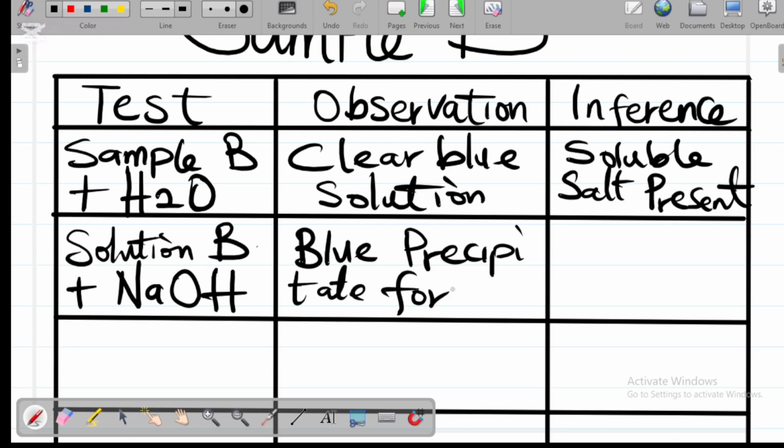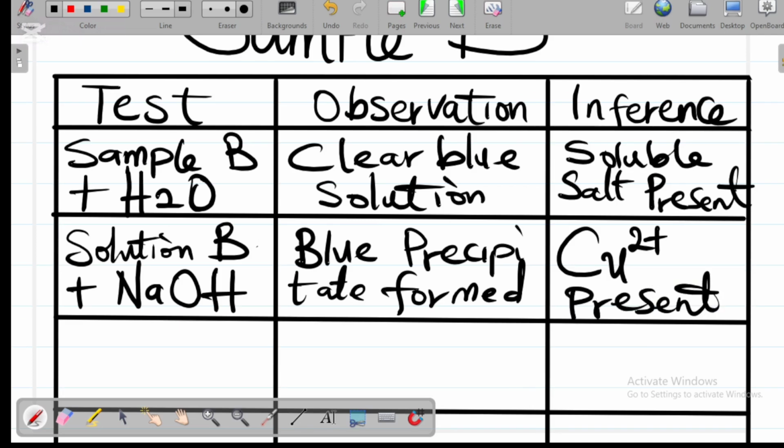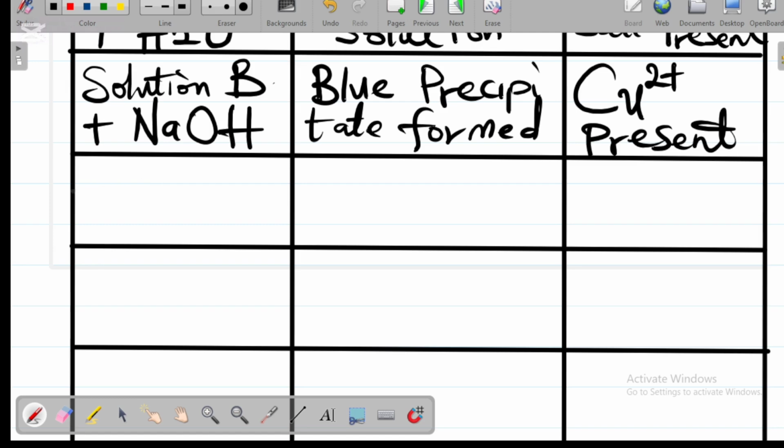Blue precipitate formed. And what should be your inference? Your inference should be copper 2 ion present. The third one is solution B diluted with ammonium solution.